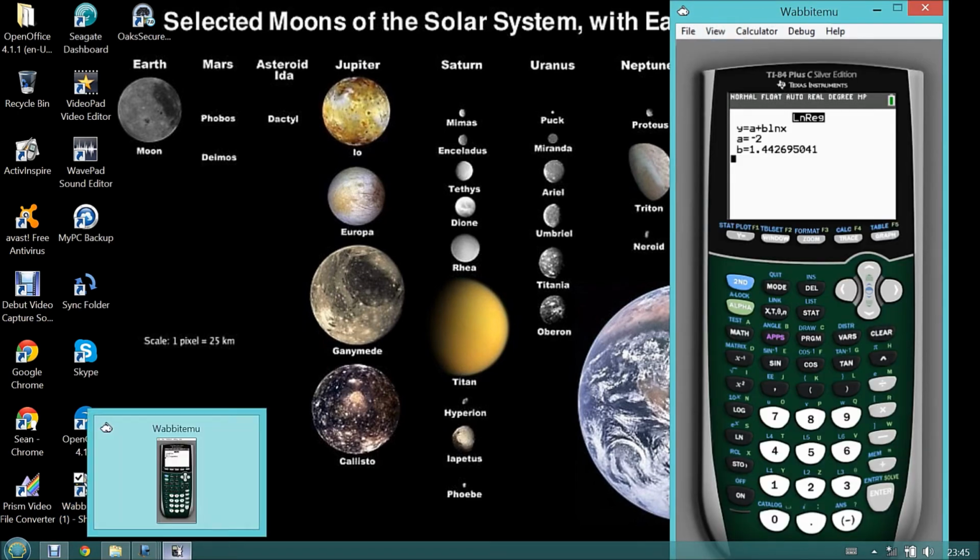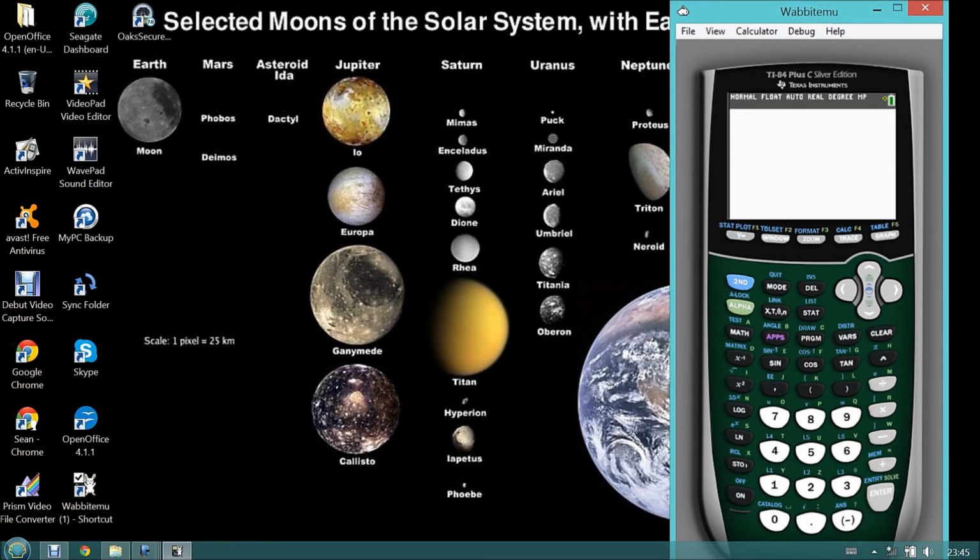There we go. So then what we do is we clear out our old data, and we were trying to find the square root of 40. So if you'll notice over here, above the x squared button is the square root. So you go second square root, type in your number, in this case 40, and then you press enter and it gives you a number. In this case we're getting 6.324555532.